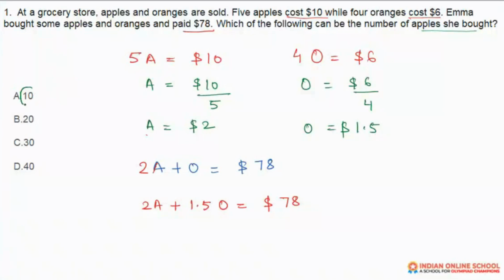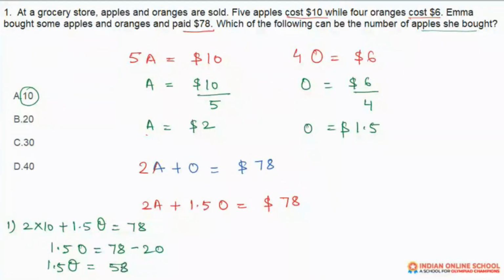In the first option, 10 apples is given. If we put 10 over here, we get 2 times 10 plus 1.5 times the number of oranges equals $78. 2 times 10 is 20, so 1.5 times the oranges equals 78 minus 20, which is 58. To find the number of oranges, we divide 58 by 1.5.